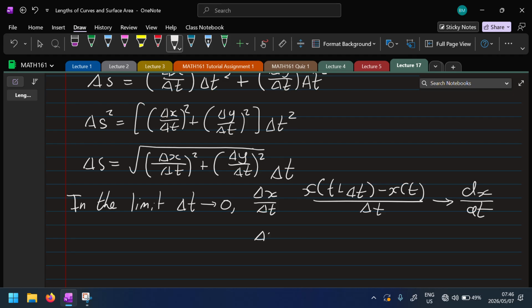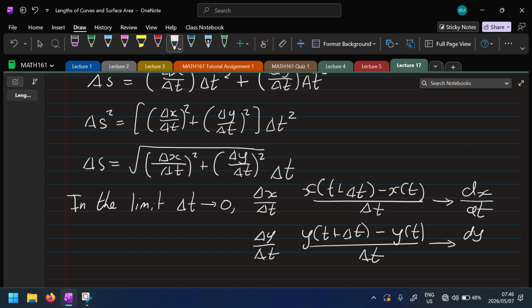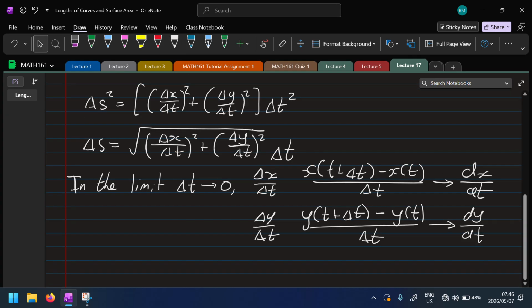Same thing for delta y by delta t. We can write that as y of t plus delta t minus y of t over delta t. In the limit delta t goes to 0, this just becomes the derivative of y. And then that delta t on the outside we can replace with dt.